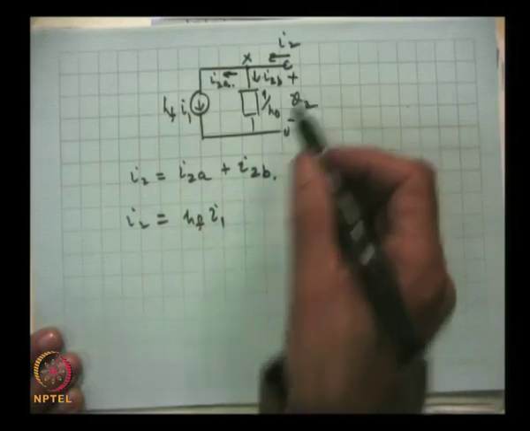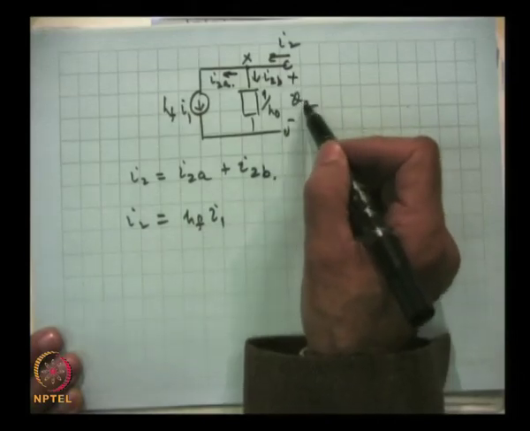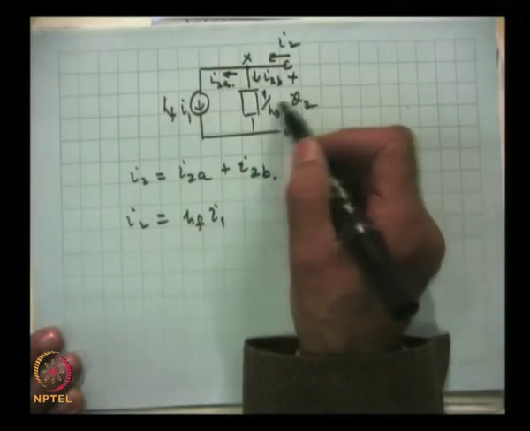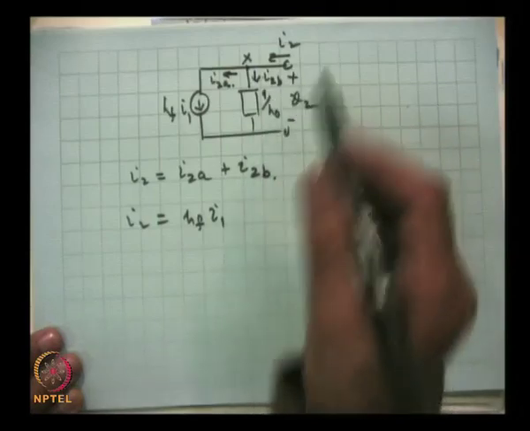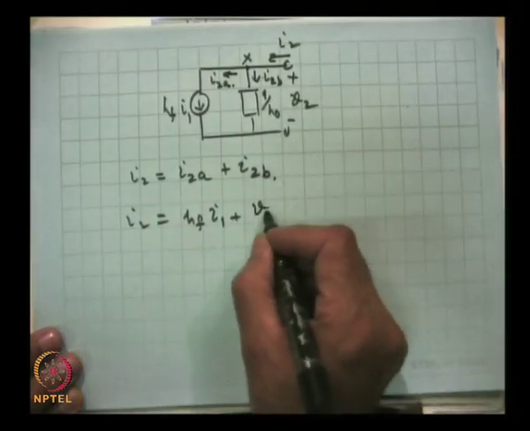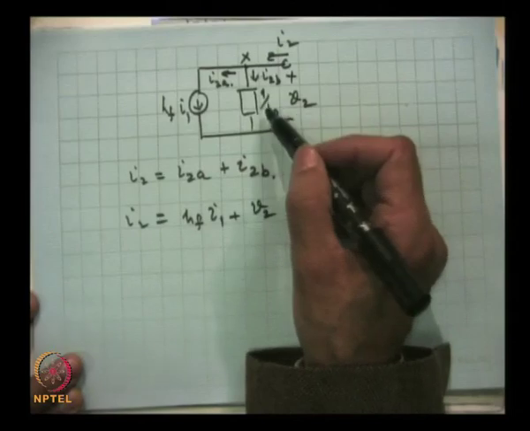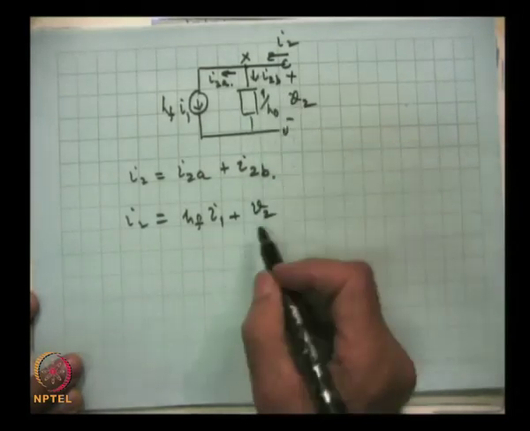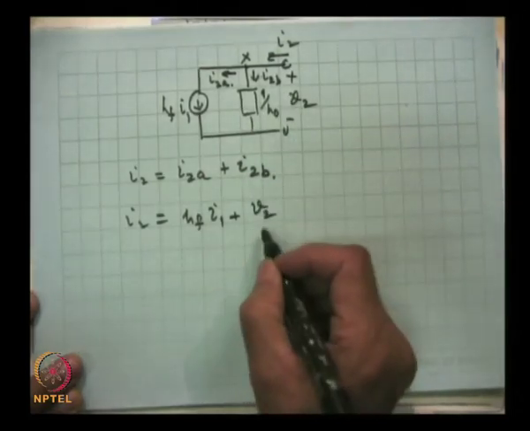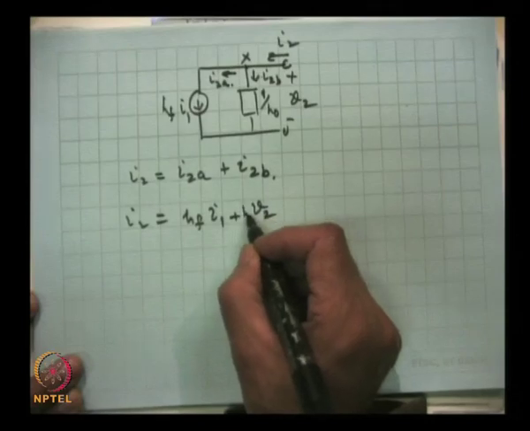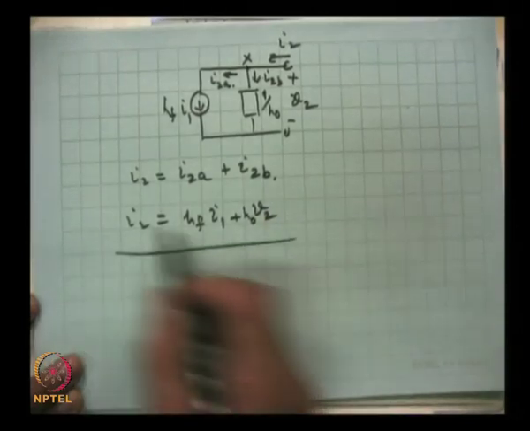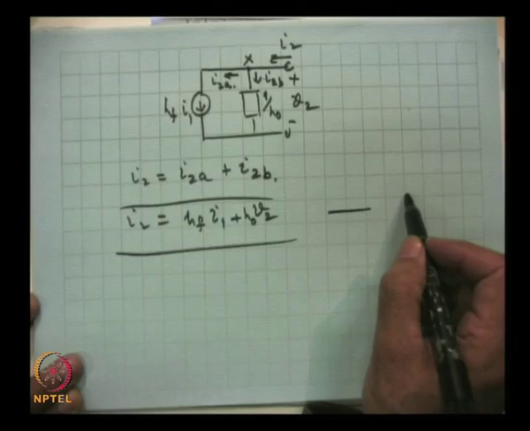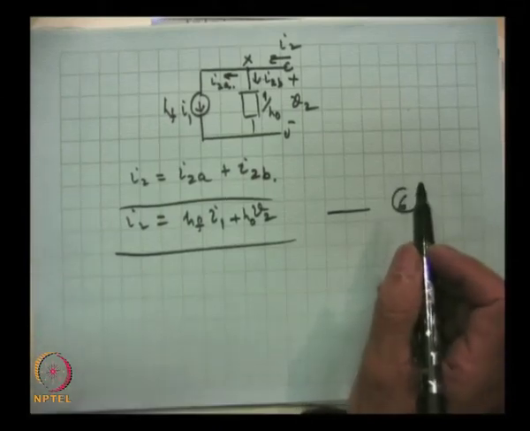You know that if the voltage V 2 is there, then V 2 divided by this impedance, that is 1 by H O. So, H O will come here, and this is exactly what equation 6 is.